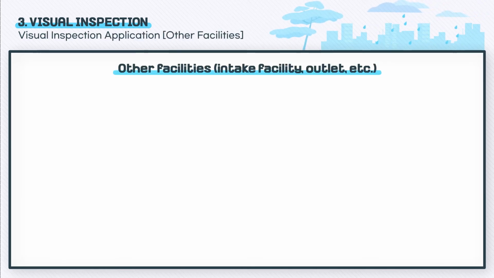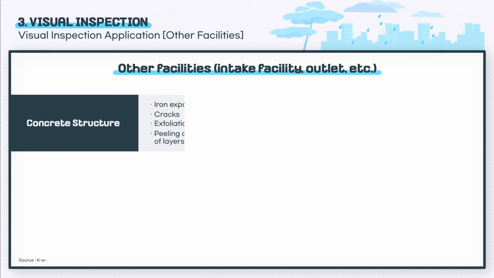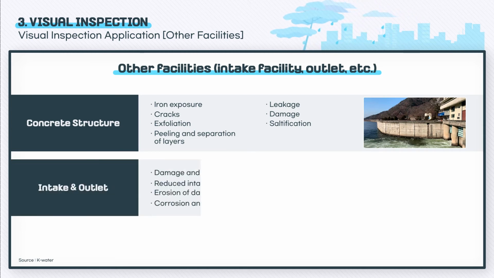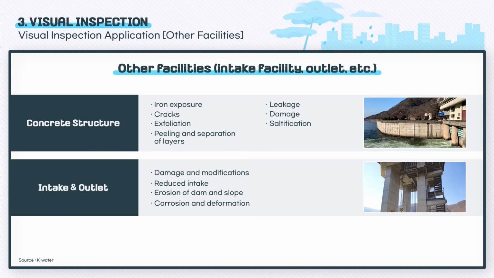The intake facility, the outlet, and other additional facilities must generally be inspected in terms of the structural and material defects of the concrete or steel materials, and whether the operational equipment, such as the water gate and valves, are operating properly.